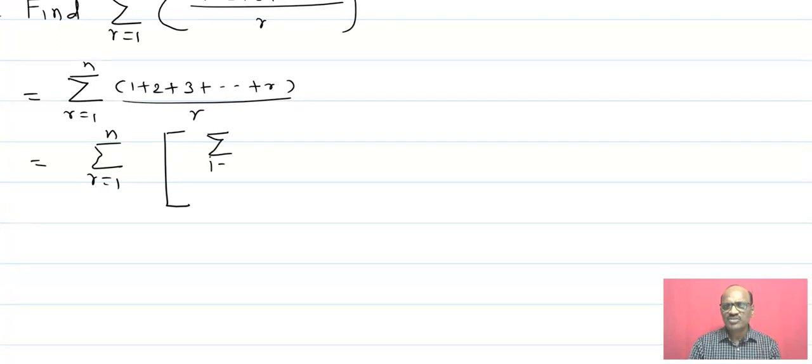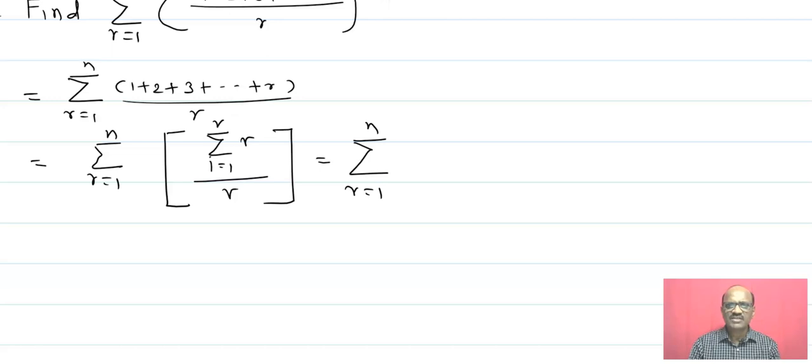Now there is a summation of the 1 plus 2 plus 3 up to the r, therefore we will treat it like this: summation i is equals to 1 to r of i, and this whole divided by r, and summation r is equals to 1 to n.